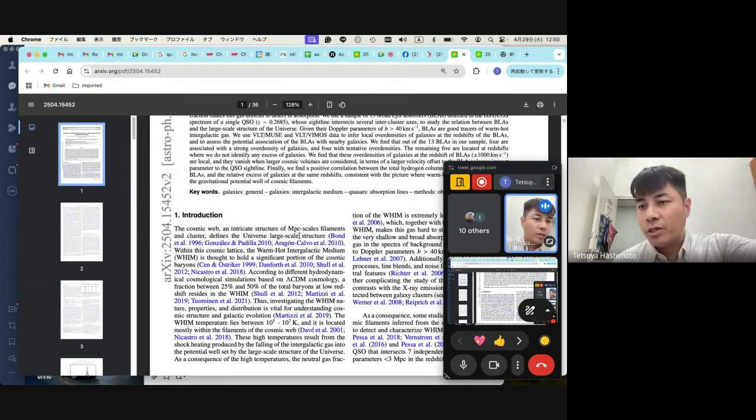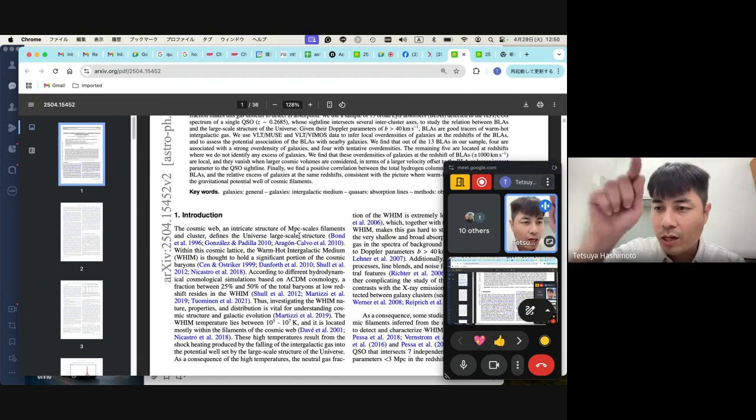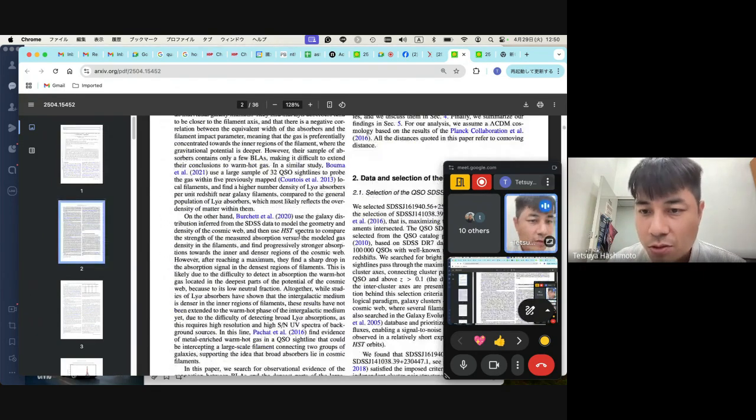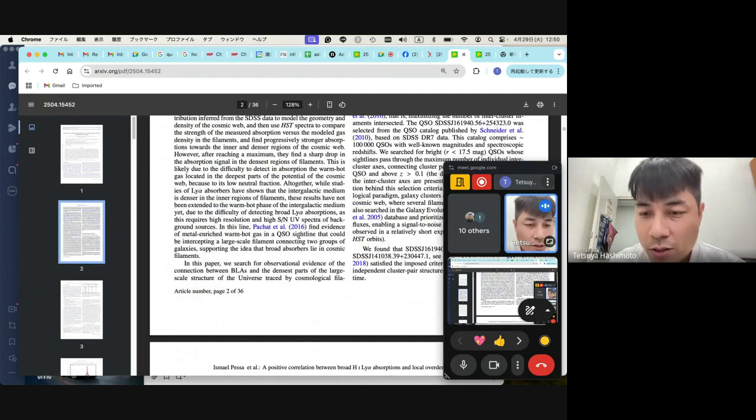Because this absorption is happening along the line of sight to this quasar, absorption systems appear at different redshift. So along this certain line of sight, they can investigate baryon distribution across different redshift. I think this is maybe the uniqueness of this paper, this method.